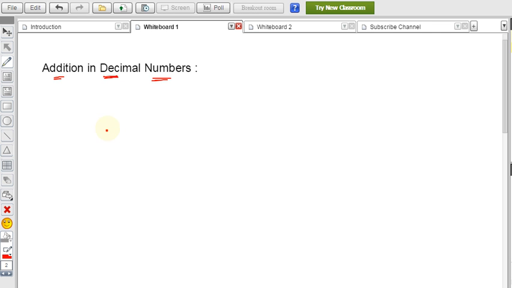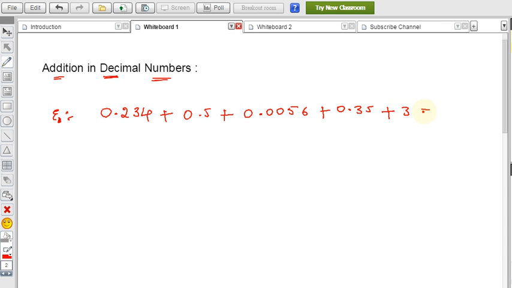When you are doing addition of decimal numbers, for example, I'll take 0.234 plus 0.5 plus 0.0056 plus 0.35 plus 3 is equal to dash.